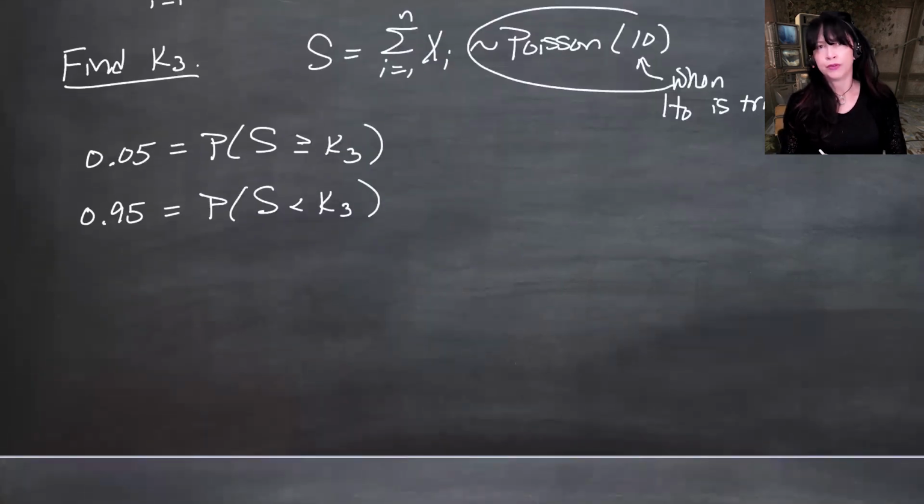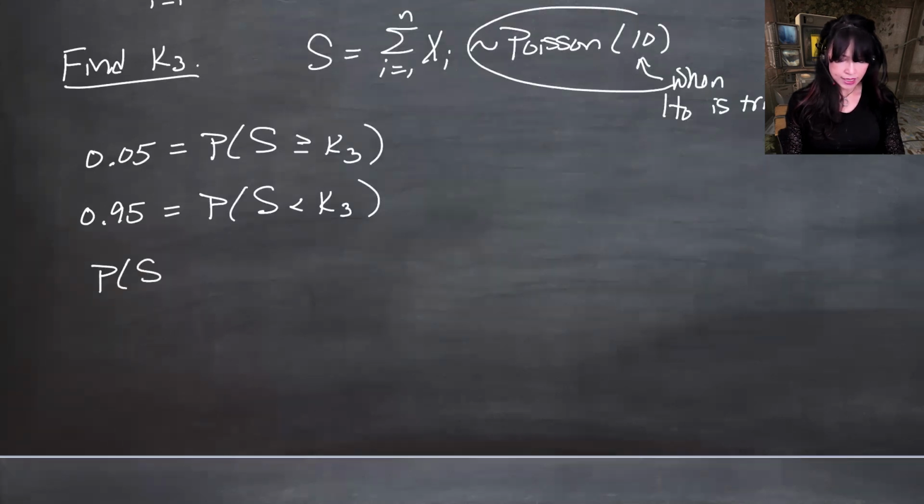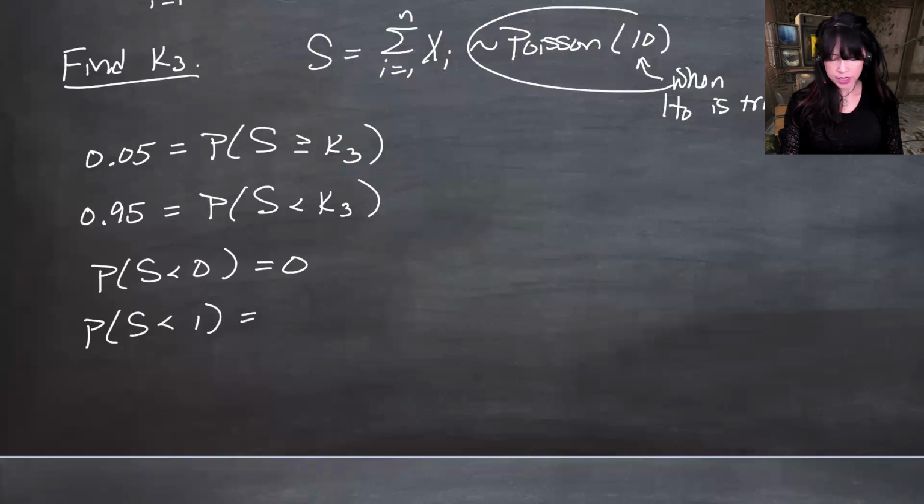So now I'm going to try to find k3 by some trial and error. The probability that S is less than 0, well, that's not happening. That's 0. The probability that S is less than 1 is the probability that S equals 0. That's the only way a Poisson can be less than 1.